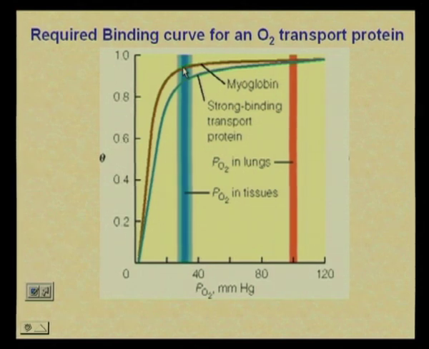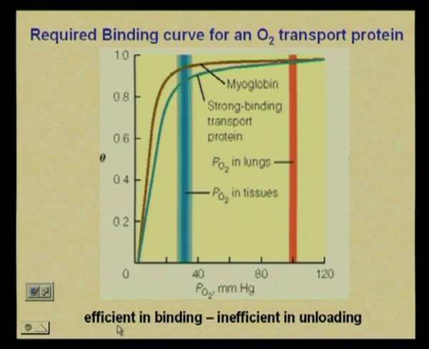So, if we have a strong binding transport protein, what is going to happen? It is going to be efficient in binding, but inefficient in unloading. Is that clear? Because hemoglobin has to release the oxygen. If it does not release the oxygen, it makes no sense for it to bind it.